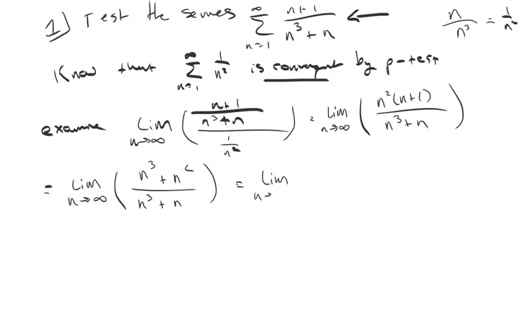And limit as n approaches infinity. So we can divide everything by n cubed. So that will look like 1 plus n squared over n cubed is 1 over n. And then this is 1 plus n over n cubed is 1 over n squared.